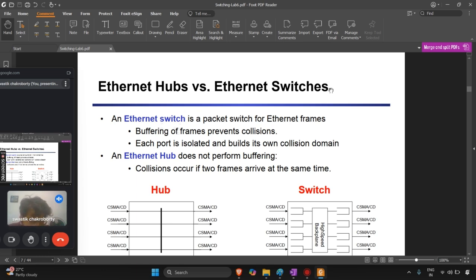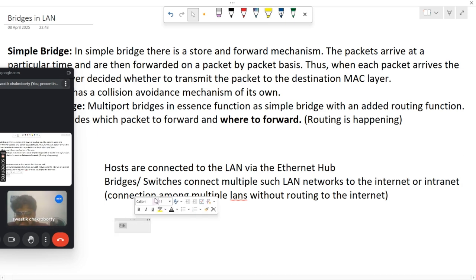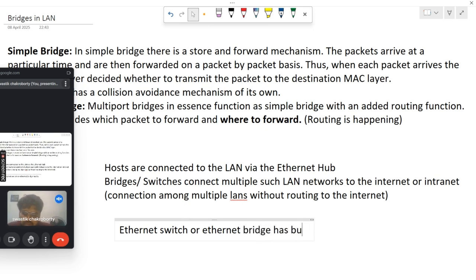So an Ethernet switch or Ethernet bridge has buffering and collision detection properties.